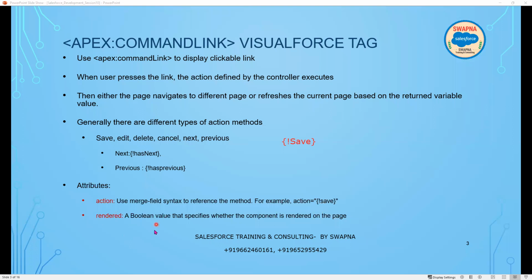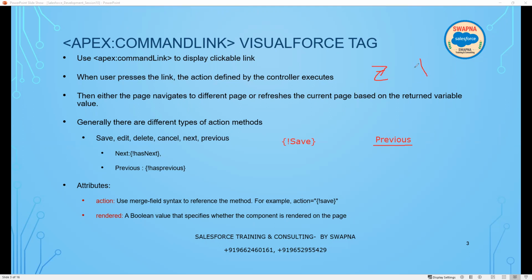Rendered is a boolean value. Do you want to display the next button every time, or do you want to display the previous button every time? If you want to display the previous button only based on certain conditions, for example, if I am on the second page, only then show me the previous button.